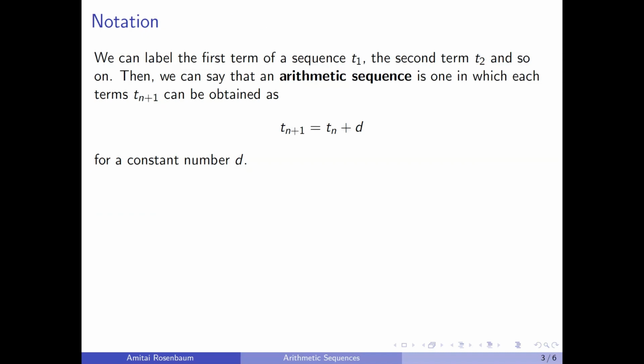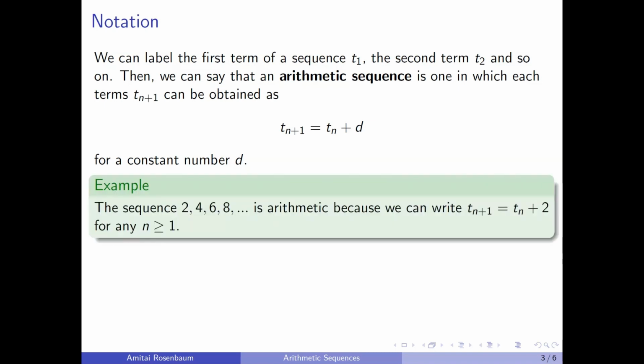Okay, so we can introduce some notation to make this a bit easier. We'll call the first term of the sequence T1, and then the second T2, and so on. So we can refer to the nth term of the sequence as Tn. And then we can say an arithmetic sequence is one where for any Tn+1, we get that term by taking the previous term, Tn, and adding on some constant number d to it.